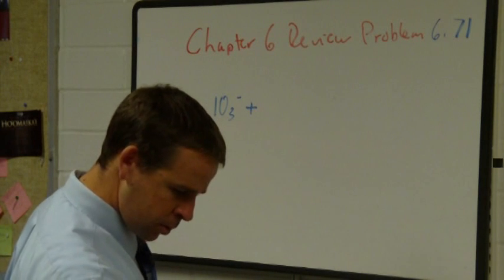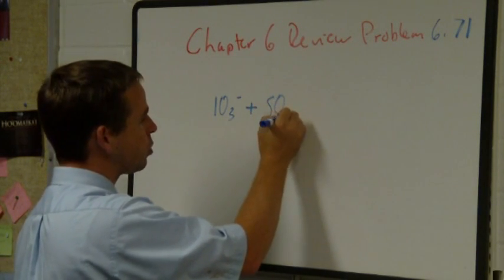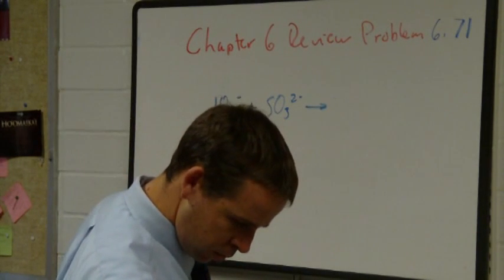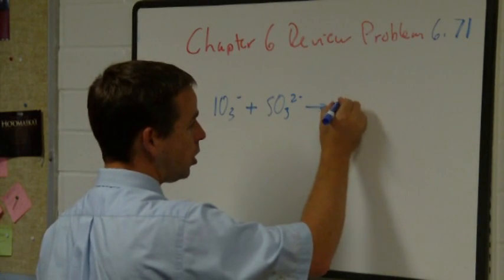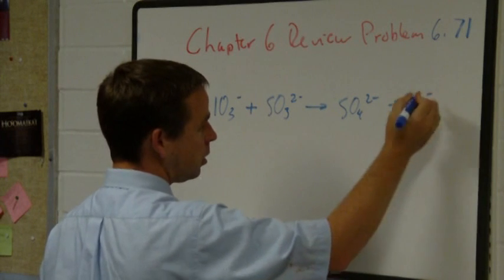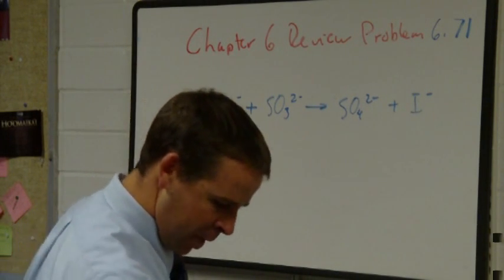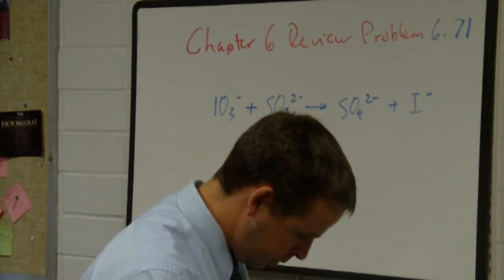Iodate ion reacts with sulfite, SO3 2 minus, to produce sulfate, SO4 2 minus, and iodide ion, I minus. Write a balanced net ionic equation for the reaction.